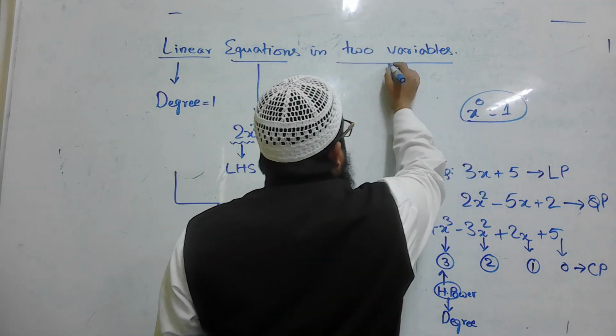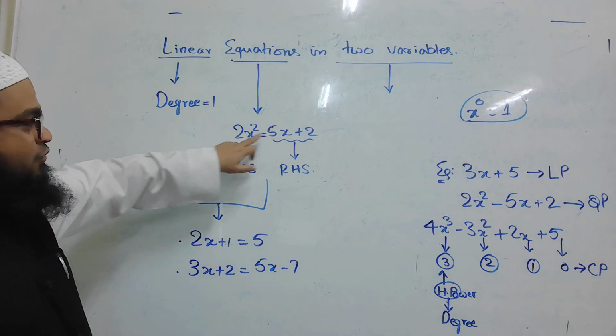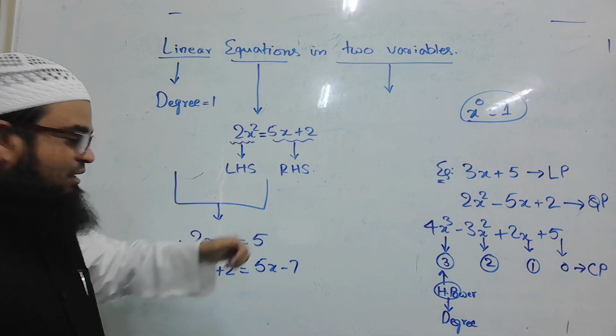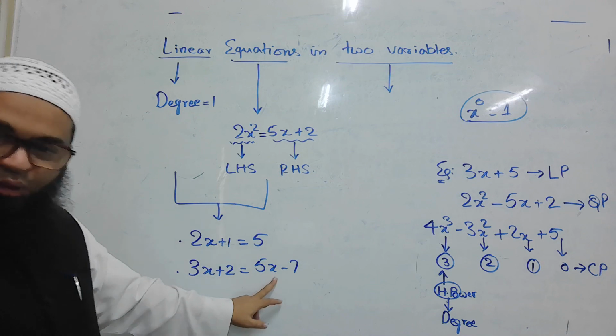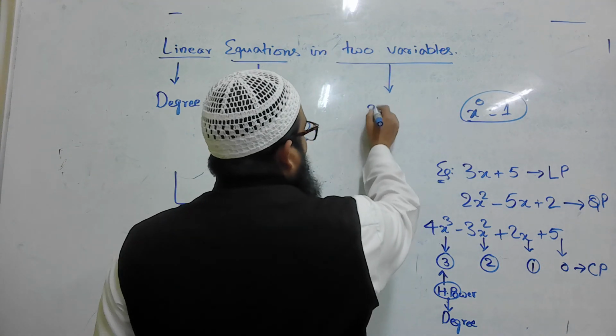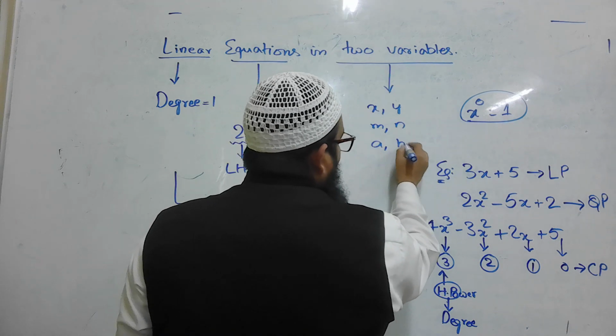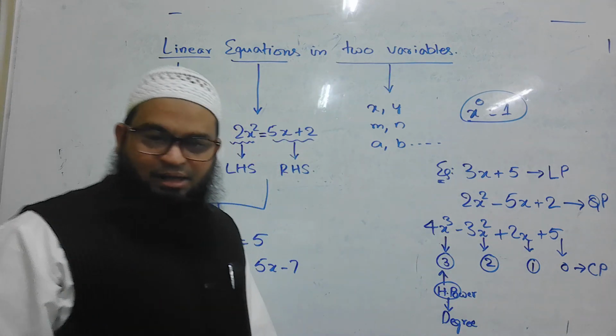Now let us see two variables. Whatever you have studied here, we have only one variable, x. Here also you have one variable. Is it right? Now let us go to two variables. That means you have x, y, or a, b, and so on. It can be any variable.